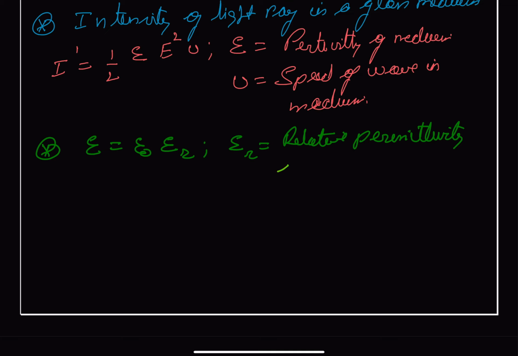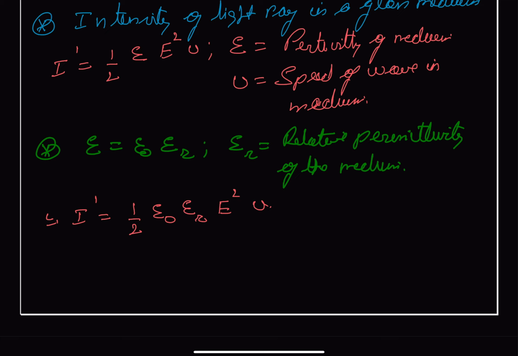Therefore, we can write the equation that I prime will be equal to half epsilon naught epsilon r E square multiplied by V.